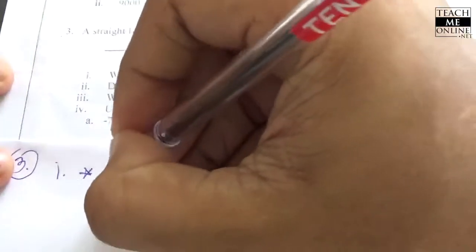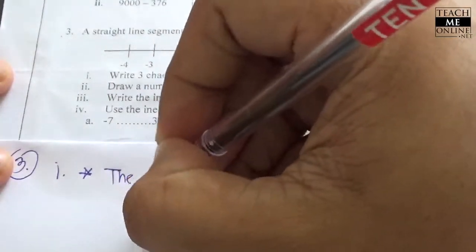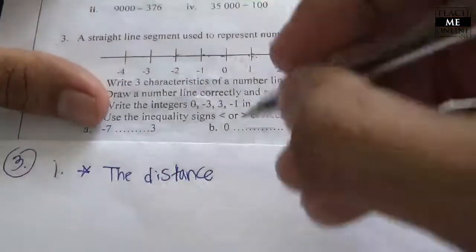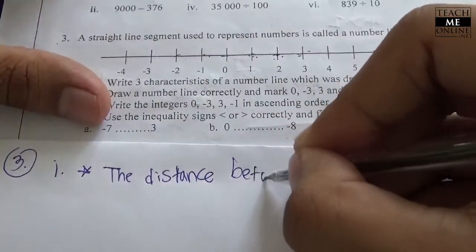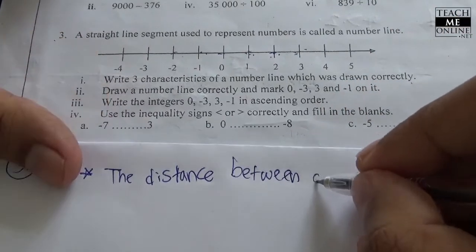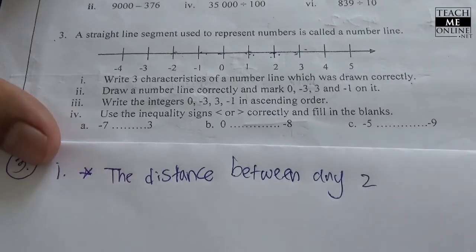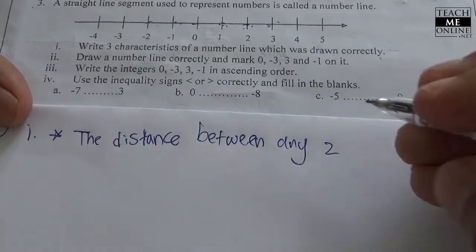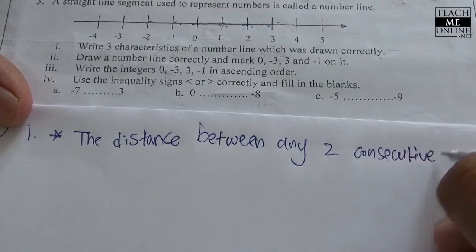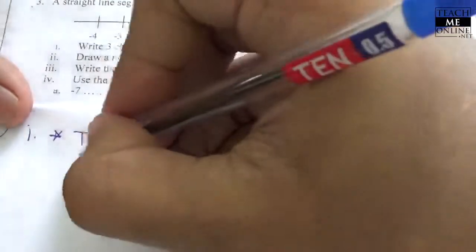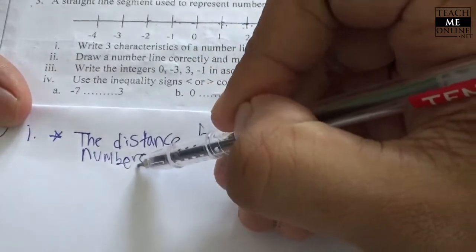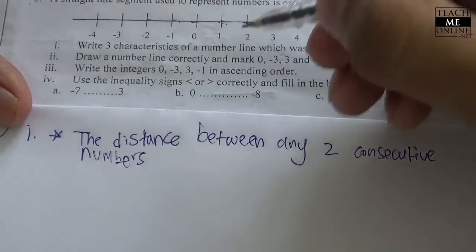So we can say the distance between any two consecutive numbers is the same.